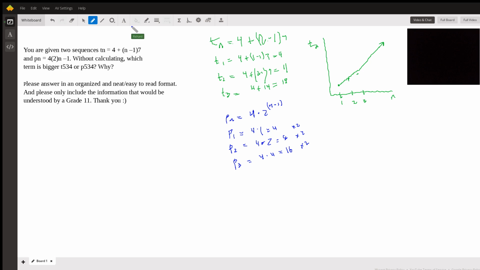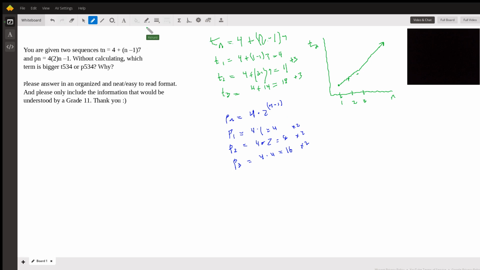So going back to this one, this is plus 3, you see. Plus 3, that's called the common difference. And so that's the characteristic of an arithmetic sequence, is that you have a common difference. A characteristic of the geometric sequence is that you have a common ratio.